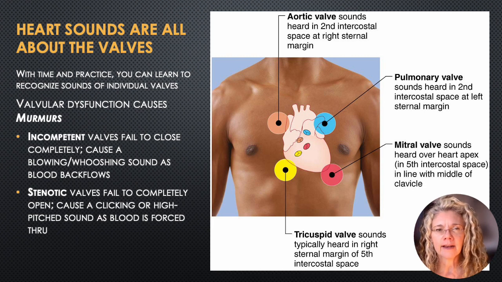And so when the ventricles contract, because that's where the higher pressure is, the ventricles are more forceful than the atria. So when the ventricles contract and blood gets pushed against an incompetent valve that didn't close all the way, we're going to get some backflow of blood, which we do not want, right? We want blood moving in the same direction. But that backflow of blood causes a blowing or whooshing sound, and we call that a murmur.